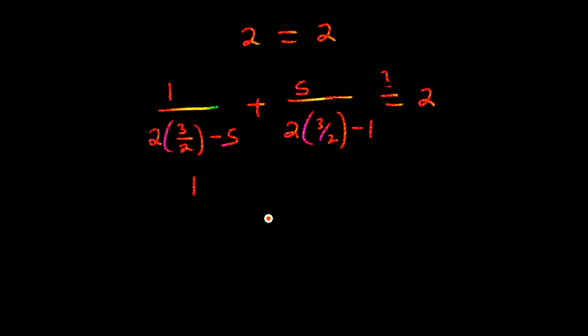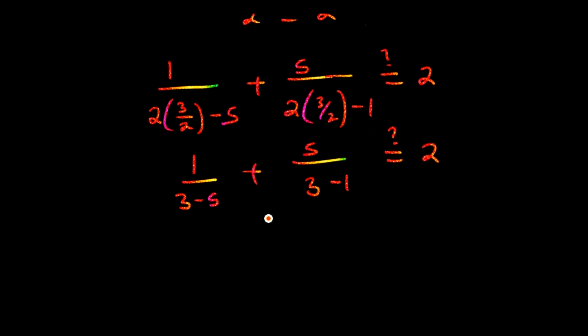So here we have 1, 2 times 3 over 2 is 3, so we have 3 minus 5, plus here we have 5, 2 times 3 over 2 is 3, so 3 minus 1, and we check if that is equal to 2.